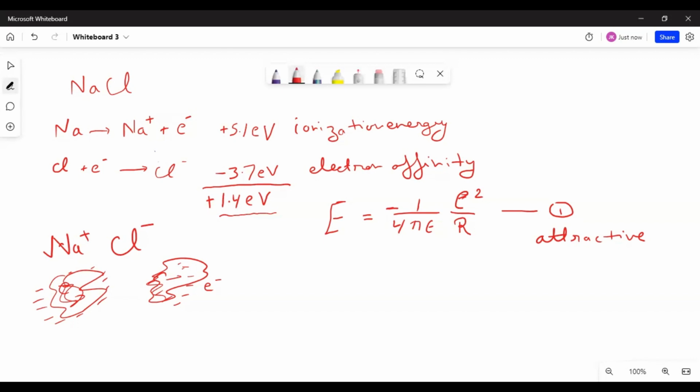So this energy will be positive. This energy will be repulsive, and it is given by b upon r to the power n, where b is a constant and n is usually around 10. So E will be around b upon r to the power 10, and this will be repulsive.